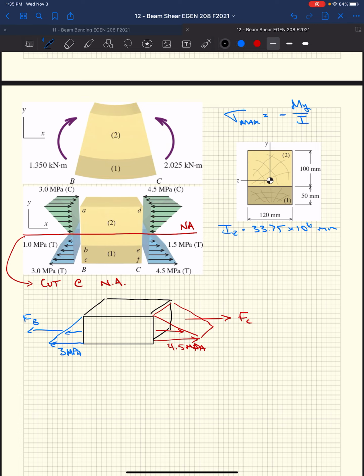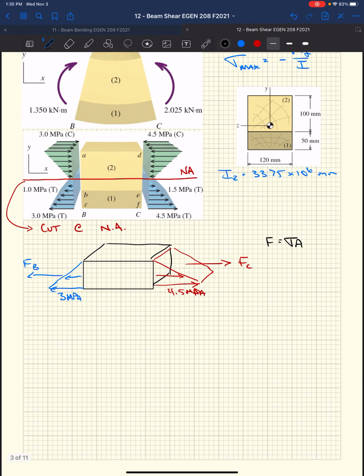We know that force is just the stress times the area, going through the same derivation we did with a constant moment. So if we start by looking at the force at B, that's going to be our stress times the area. So we have 3 newtons per millimeter squared times our area.